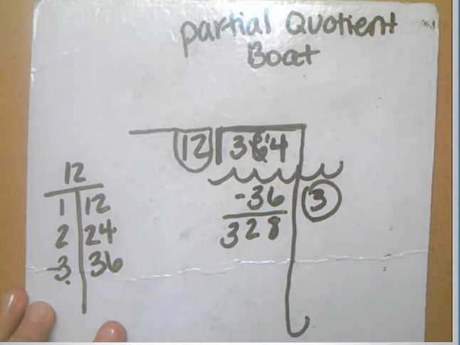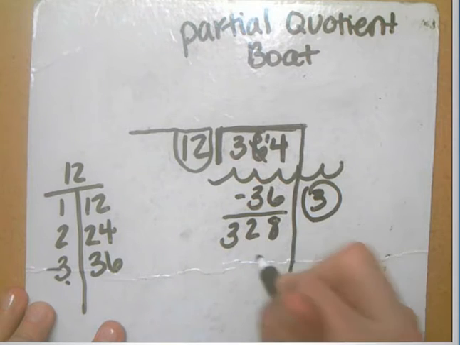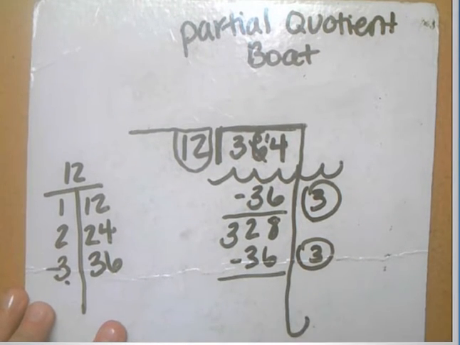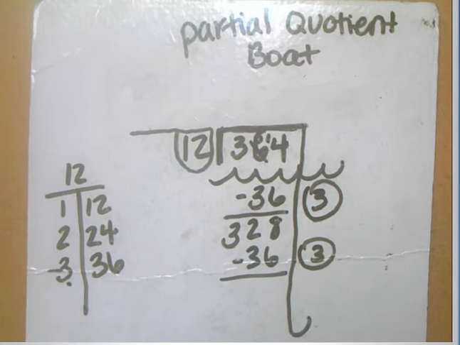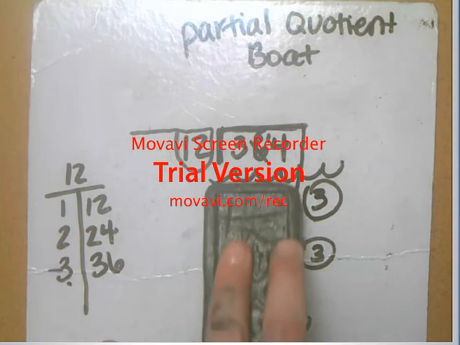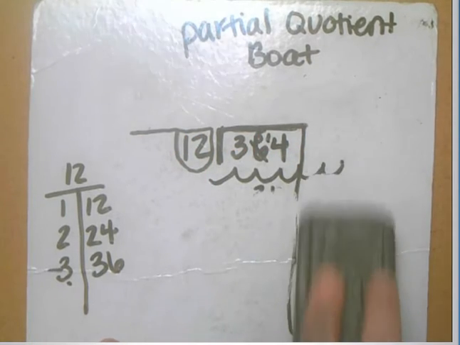Like I said, because it's partial quotient, I can technically keep going with 3 nets of fish at a time until I come down to 0 or less than 12 fish left in the water. But with numbers so big in 5th grade, this really isn't feasible and it isn't worth our time.